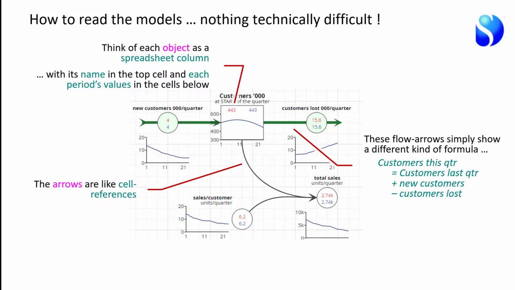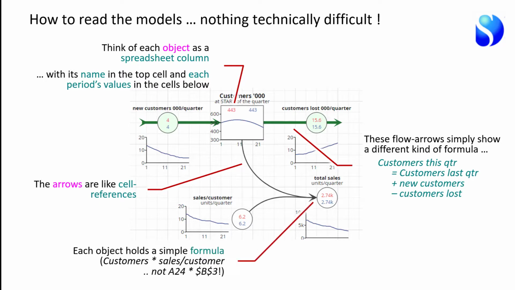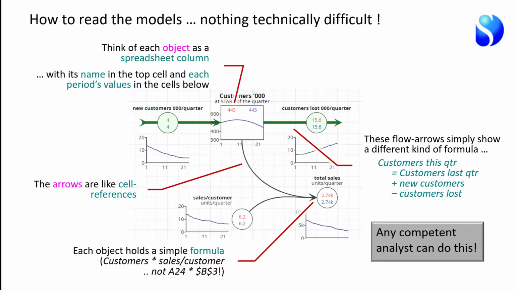Customers this quarter is customers last quarter, plus new customers minus customers lost. And each object holds a simple formula. In this case, total sales equals customers multiplied by sales per customer. So we're not looking at abstract Excel-type formulae like A24 multiplied by $B$3. It's actual natural language we're looking at. And any competent analyst can do this. You don't need genius people to do this.